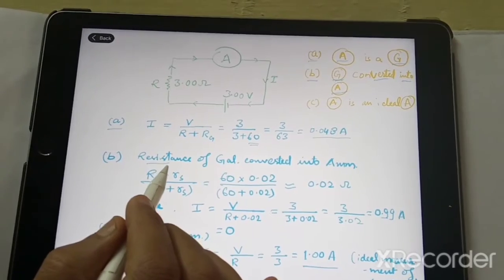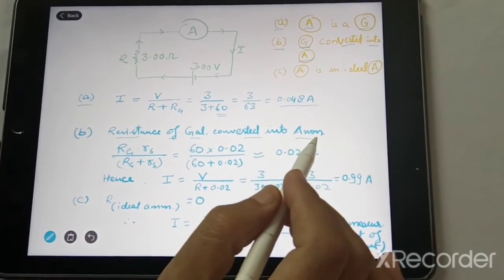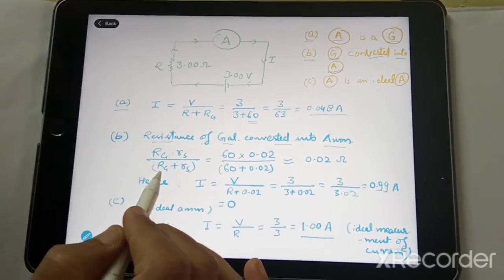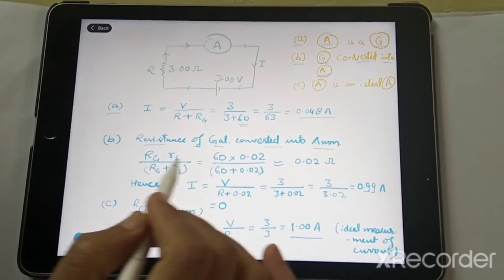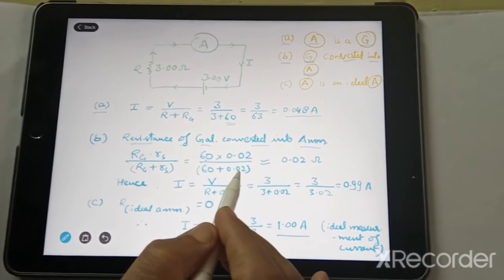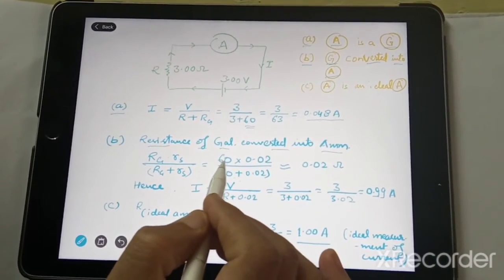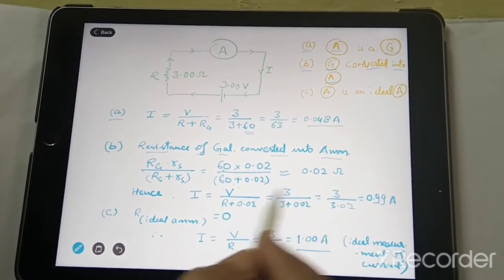So the resistance of the galvanometer converted into an ammeter is Rg Rs upon Rg plus Rs. Putting the values, 60 into 0.02 upon 60 plus 0.02, and this 60 plus 0.02 cancels with 60, approximately it is 0.02 ohm.